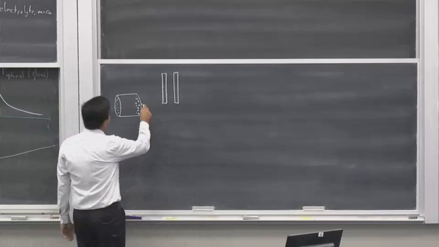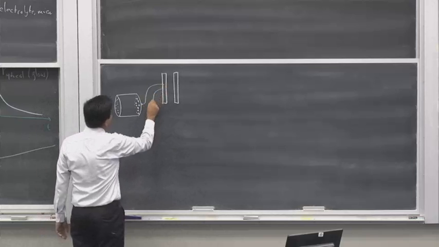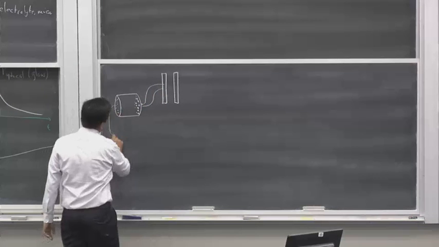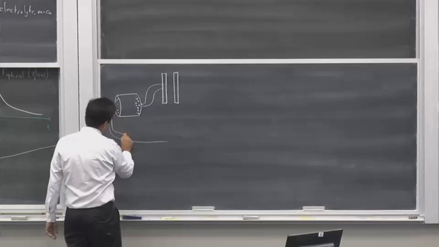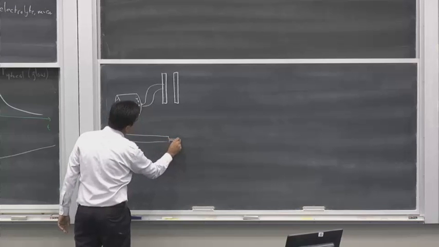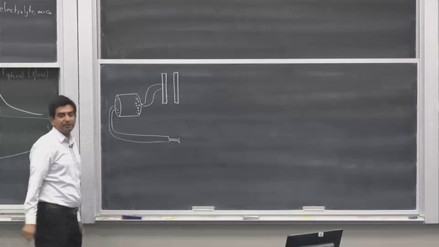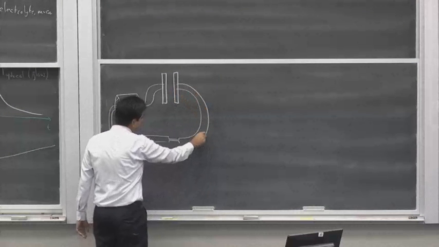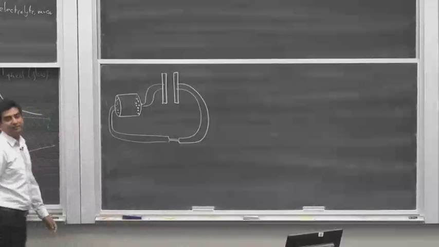And then I have this piece of wire that connects to one plate of the capacitor. Then I have a thin piece of wire which may correspond to a light bulb. And then this piece of wire connects to the other plate of the capacitor. This is my circuit.